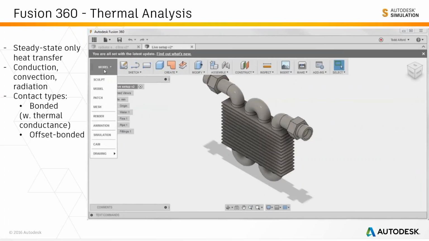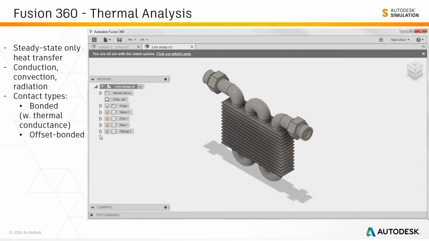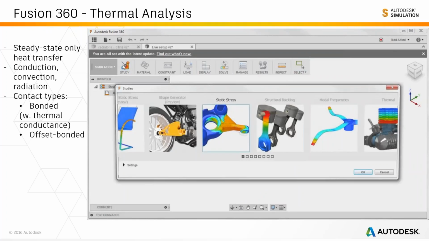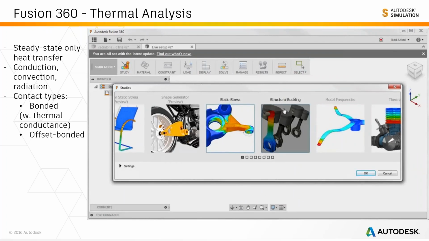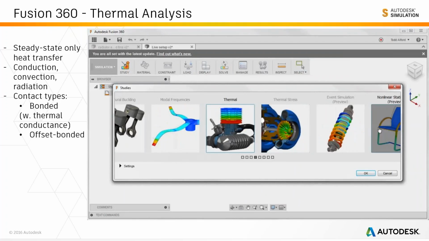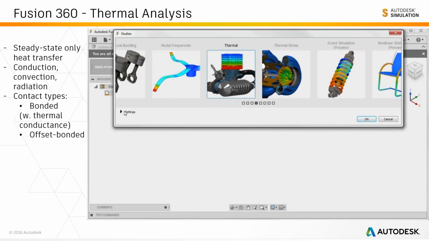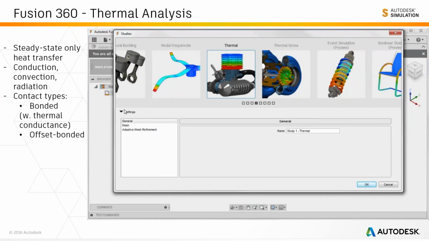Let's see how this is set up. We're jumping into an original model here, switching from the model environment to the simulation environment, and defining a thermal type analysis. Let's look at the mesh settings.